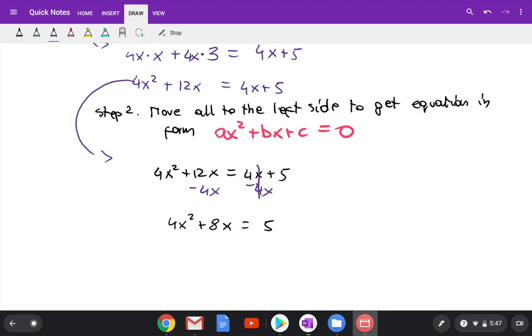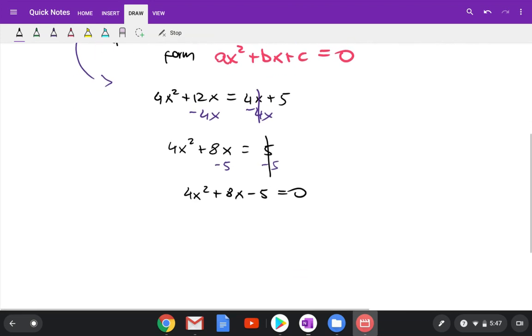And one more step, subtract 5 from both sides. That will give us 4x squared plus 8x minus 5 equals 0. Now we have a quadratic equation in the form ax squared plus bx plus c equals 0, and we know how to solve that.